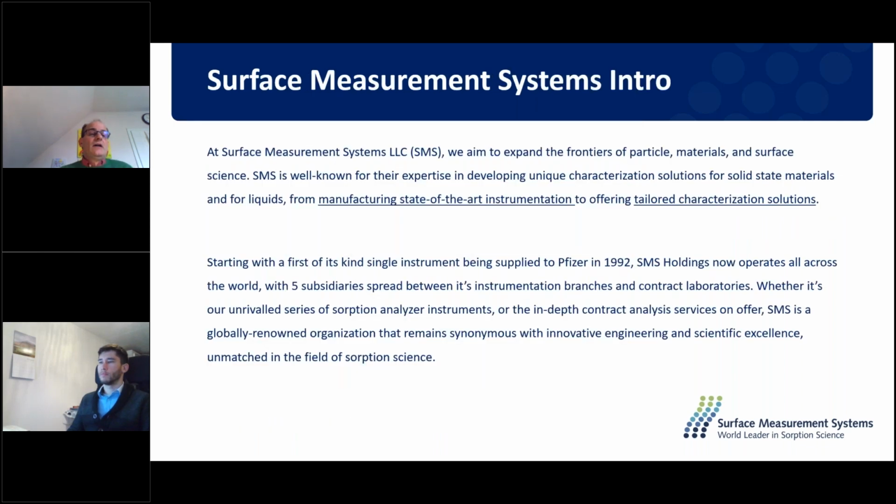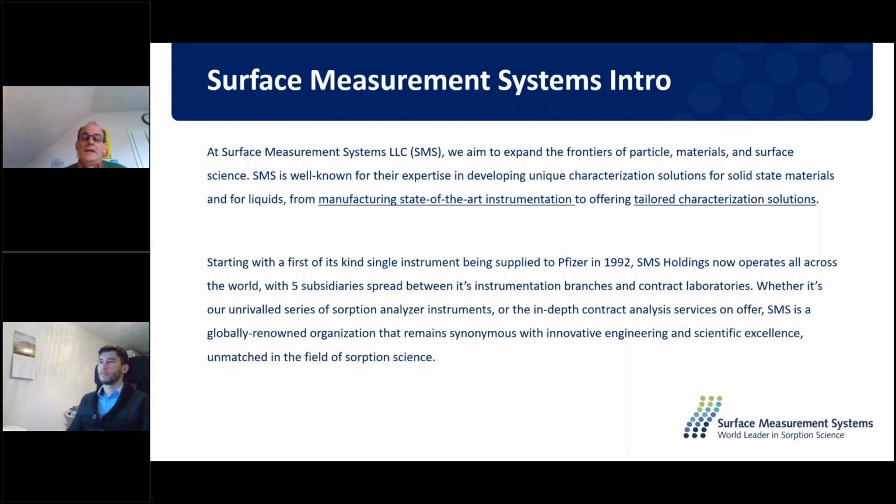With our systems we try to expand the frontiers of particles and materials. We are a very well-known expert in developing systems for characterization of solid state materials and liquids, and in many ways a pioneer for many systems.